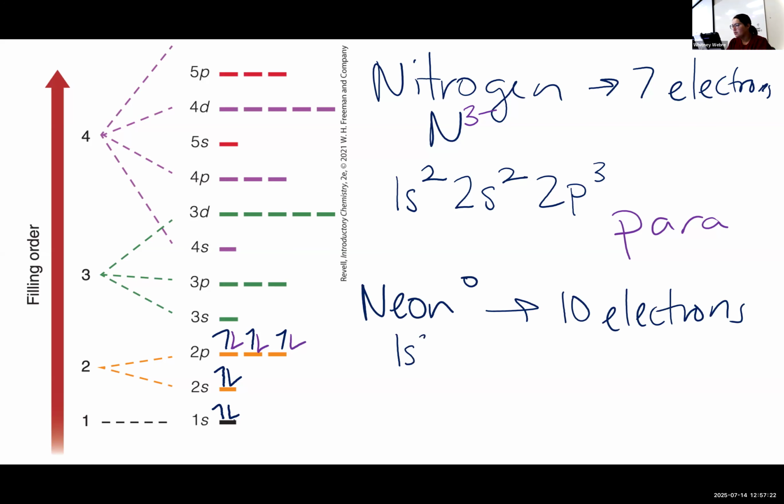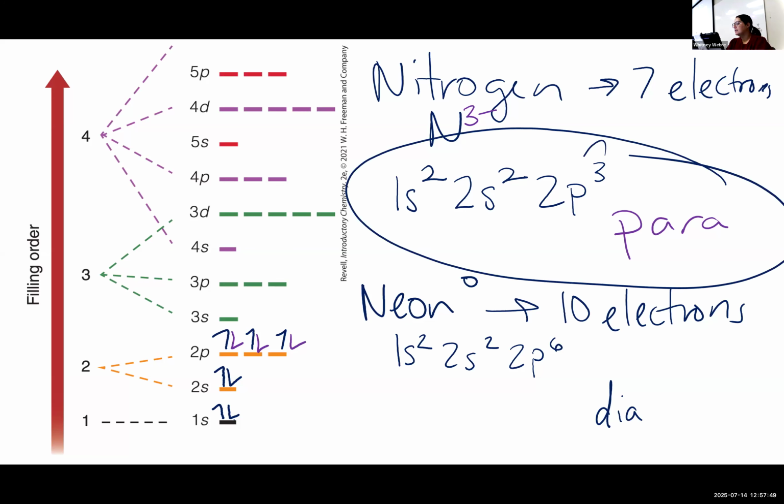So 1s2, 2s2, 2p6. Is neon diamagnetic or paramagnetic? Dia. If all of the electrons are filled in, there's 2 in every orbital, it would be diamagnetic. If it was N3 minus, it would also be diamagnetic, but the reason why this one's para is because it has this 3 right here.